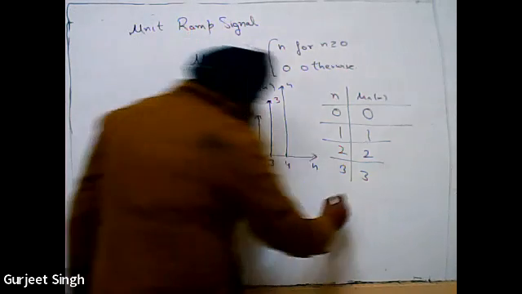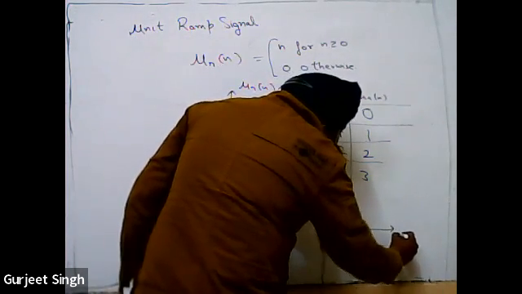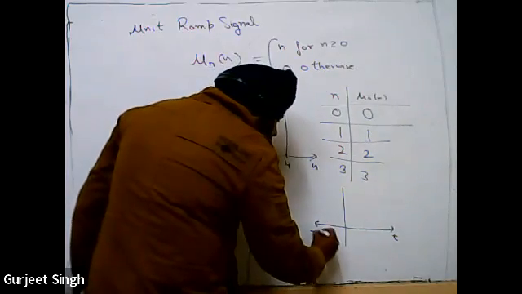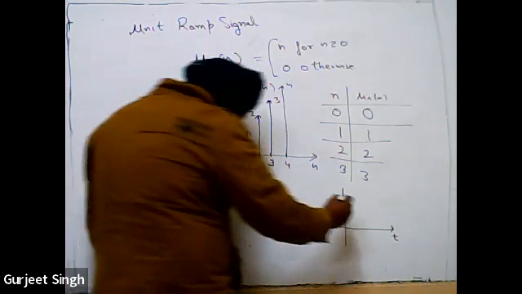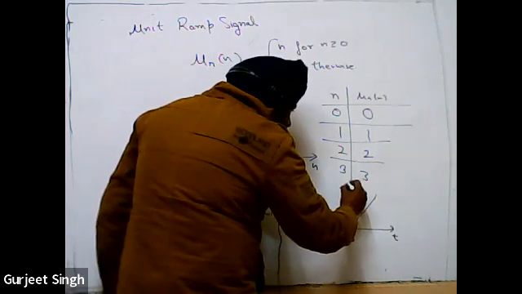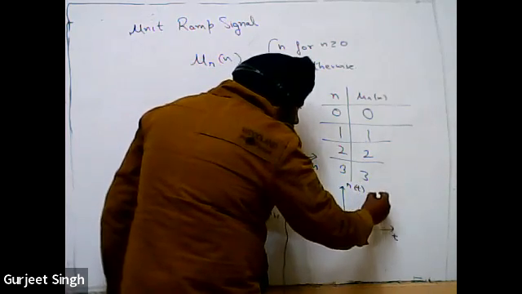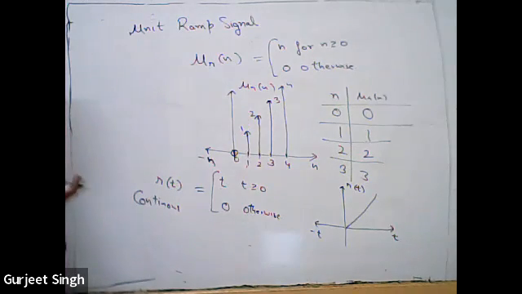So next we have a signal, here we have t, here we have negative t. The representation of this signal is like this one. This is r(t), and this is the graphical representation of the unit ramp signal.